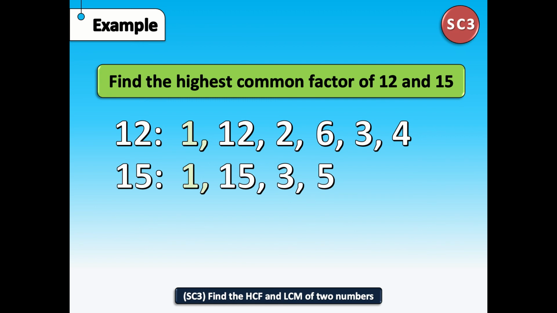So we have a look for the common factors, which would be 1 and 3, because they're factors of both numbers, but we want the highest common factor, so we want the biggest number that's in both lists, which would be 3. So the highest common factor of 12 and 15 is 3.